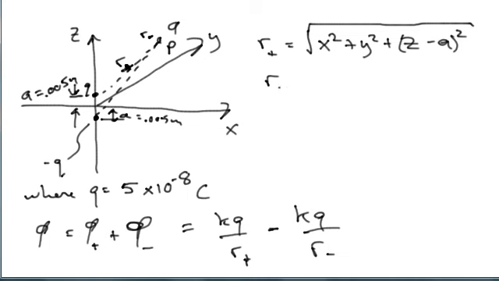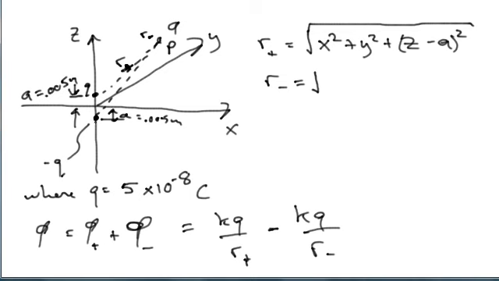And R minus, I have to go an extra distance A. This A is a positive value, it's not the ordinate. No, it's not the actual Z value, it's just how far down you gotta go.